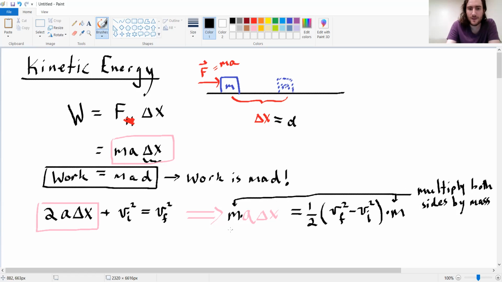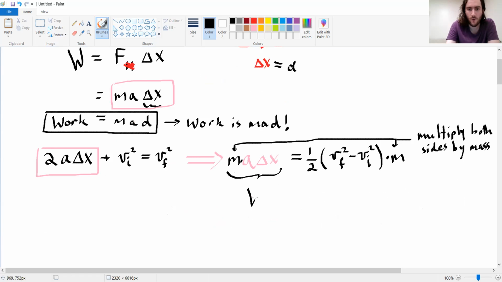Then the left side becomes the work done on some object by a force. And on the right side, we have this new quantity we have not seen before, 1/2 mv final squared minus 1/2 mv initial squared.